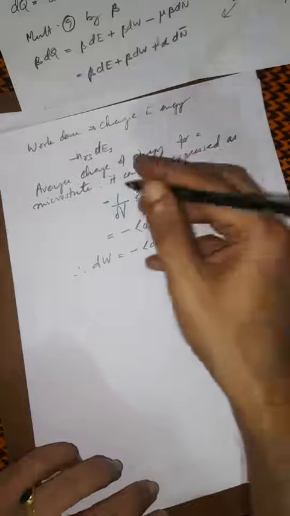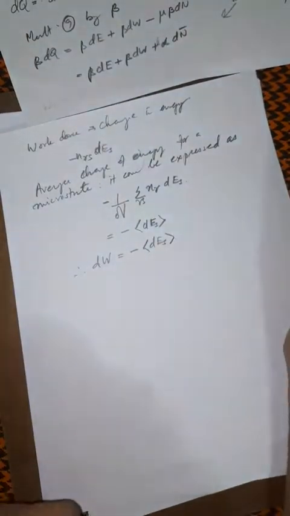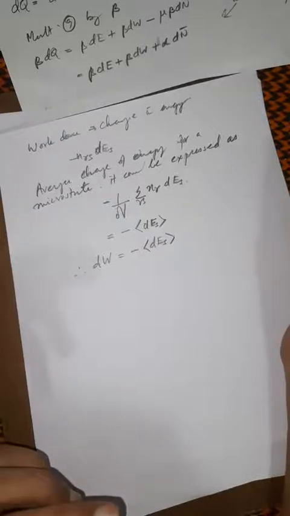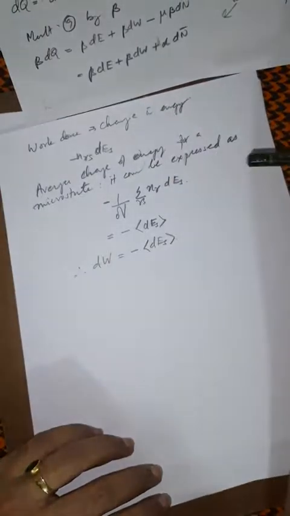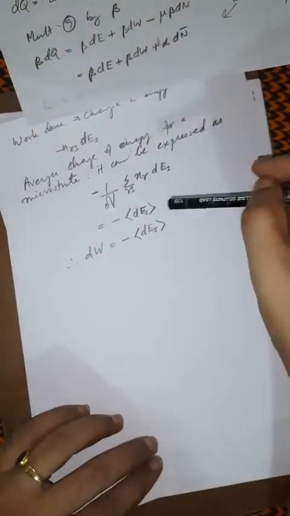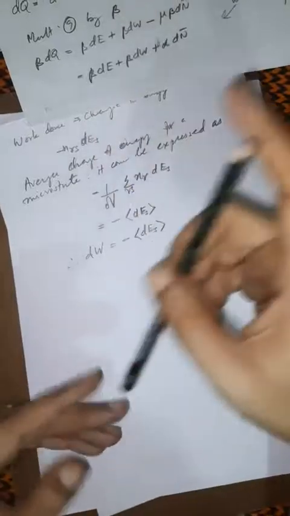Therefore, we put the negative over here. So dEs is the change in energy for an energy level Es. That is why nRs into dEs, and therefore dW is equal to minus dEs.